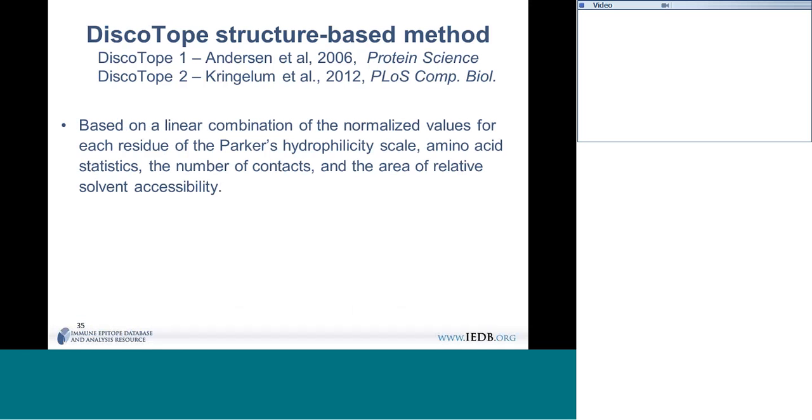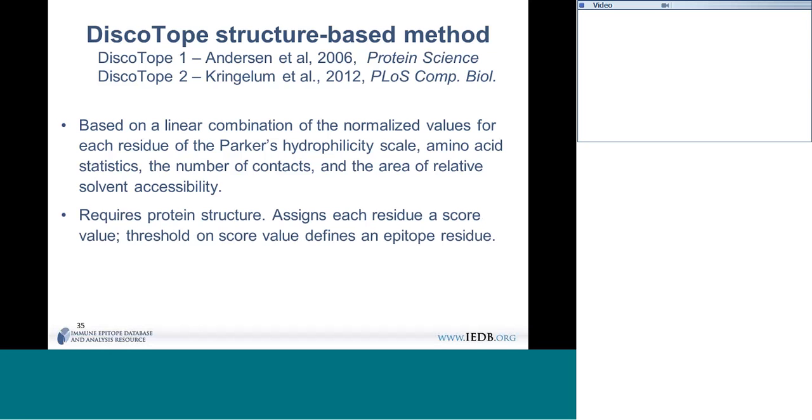The method is based on a linear combination of the normalized values on each residue using a hydrophilicity scale, amino acid statistics, the number of contacts with antibodies, because the method was trained on protein antibody complexes from the Protein Data Bank, and also the relative solvent accessible surface area of each residue. The method requires knowing the protein structure, either solved by X-ray from the Protein Data Bank or modeled using some modeling software.